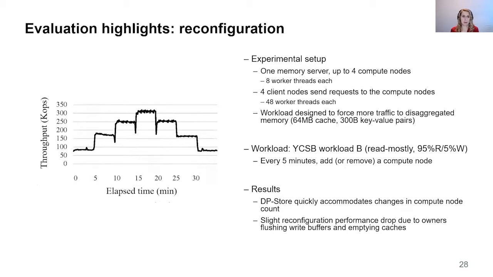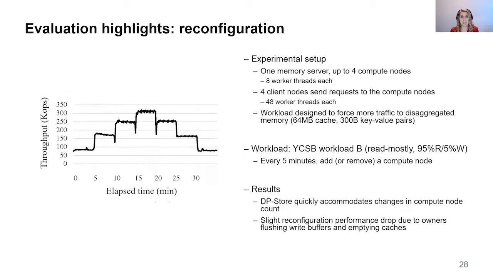Here's an experiment where we're running YCSB-B, and every 5 minutes, we're either adding or subtracting a compute node, starting with one compute node, going up to 4, and then going back down to 1 again. What we see is that DP Store is very quick at accommodating the changing number of compute nodes in the system.